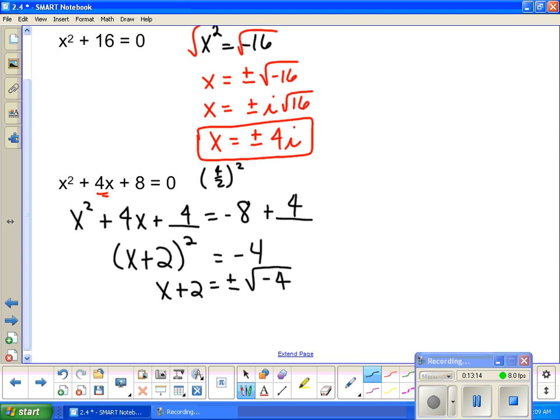Now I'm going to pull out the i. And what's the square root of 4? 2. So that's going to end up being plus or minus 2i. Now let's bring over our constant, subtract 2 from both sides. And I have a complex number as my solution.